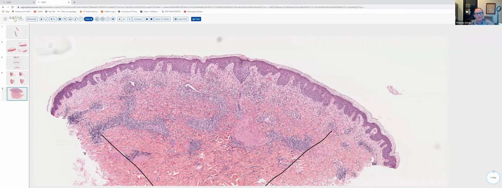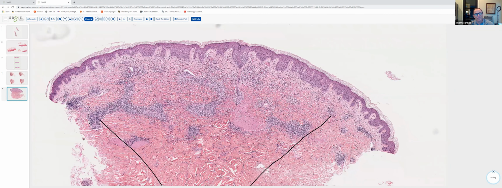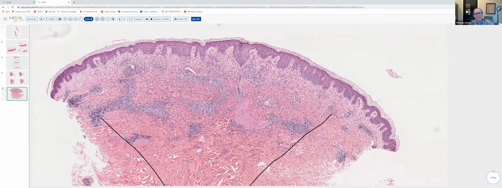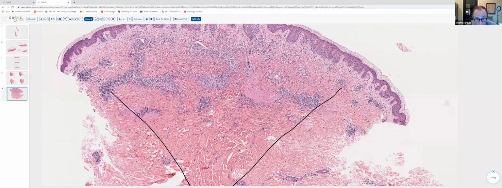Within the dermis, there's a perivascular and interstitial infiltrate. And as is the case with most perivascular infiltrates, if there's an interstitial component, more often than not, the infiltrate is mixed rather than mononuclear.